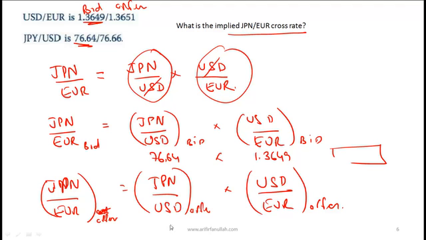To come up with the offer rate, you simply multiply the Japanese yen to USD offer, 76.66, by 1.3651. And note that, as you would expect, the offer is going to be higher than the bid, which is the way it must always be.